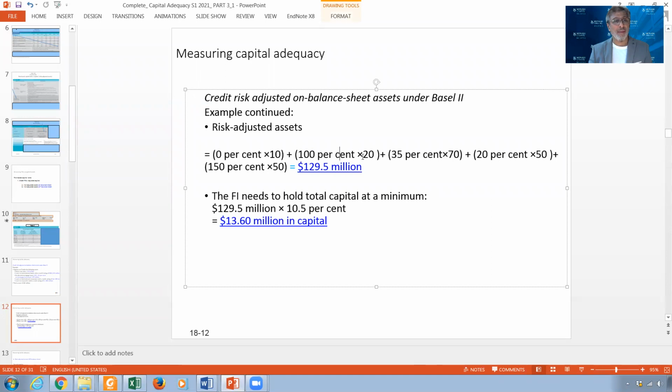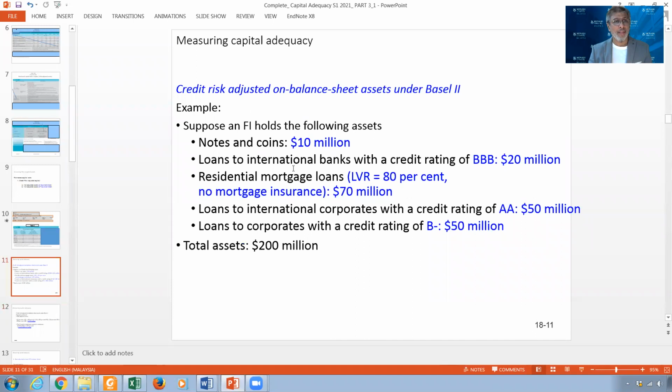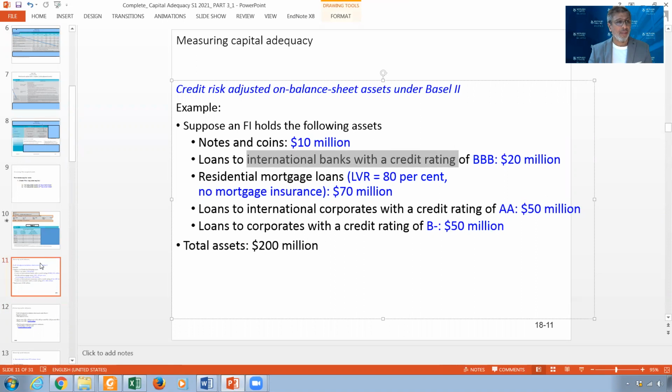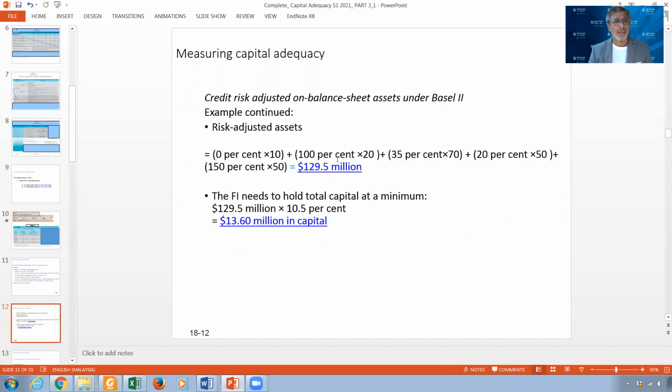For the first loans, the international with credit of AAA, I'm going to take 20%.